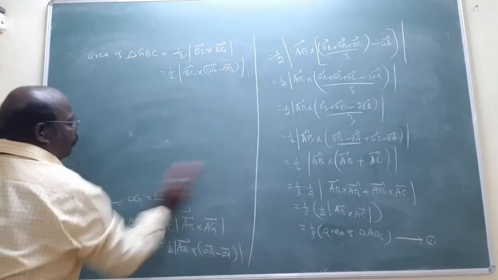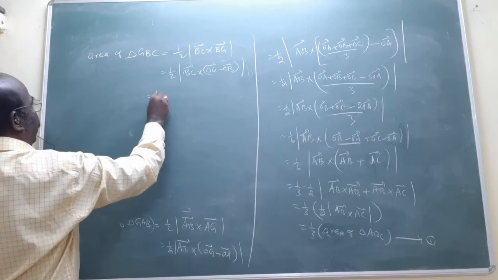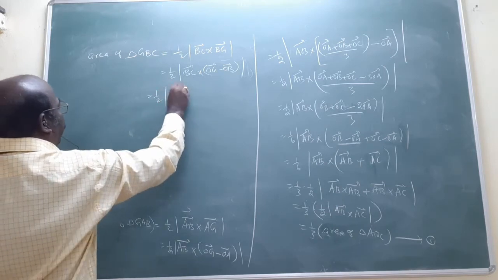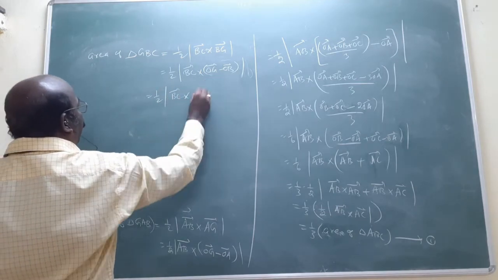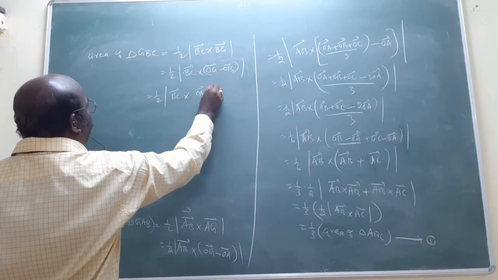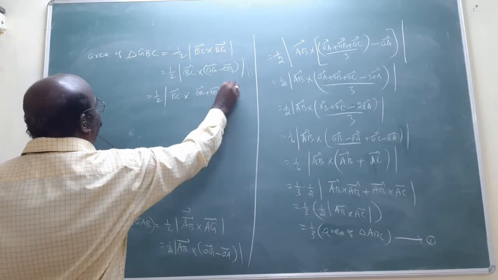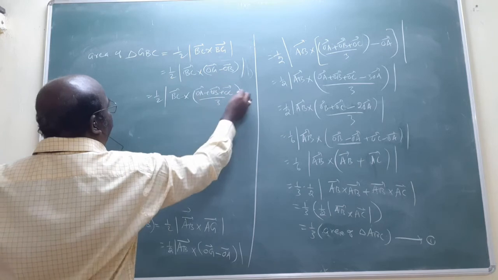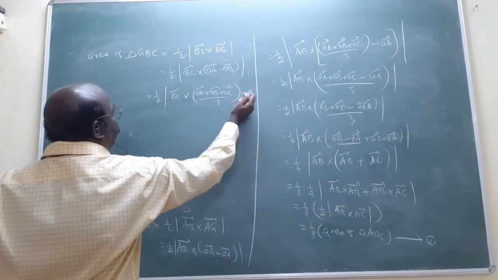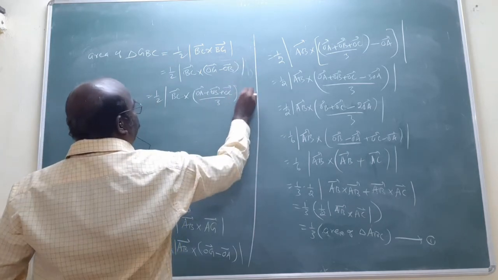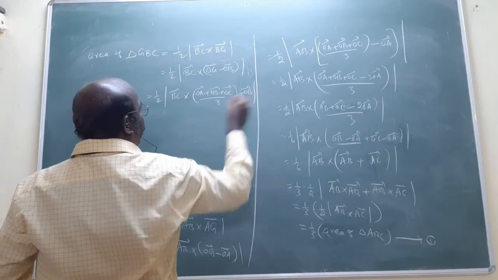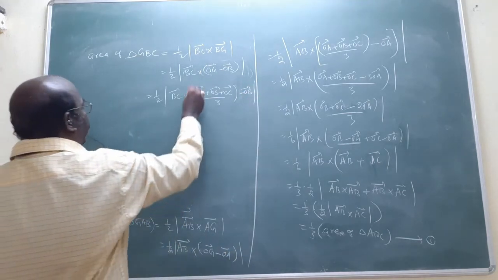Next thing, half into BC cross OG, which is OA plus OB plus OC by 3, minus OB vector, modulus. Alright.